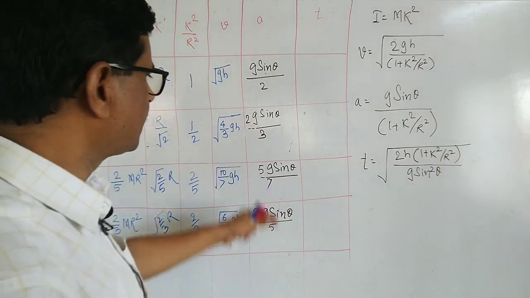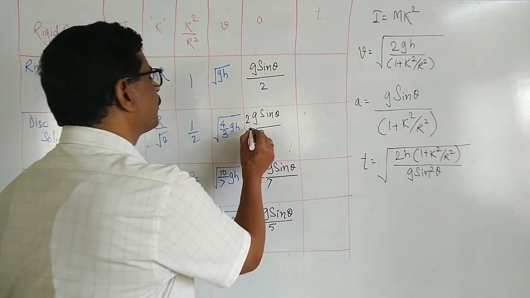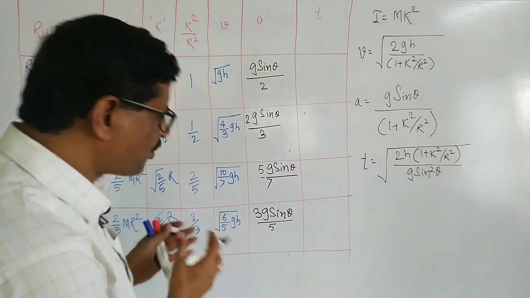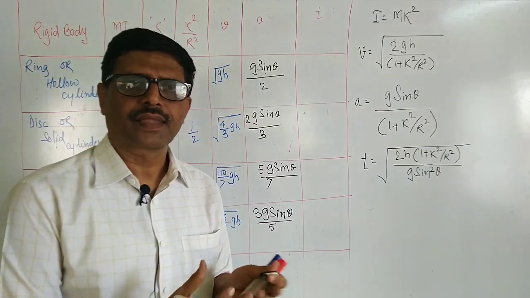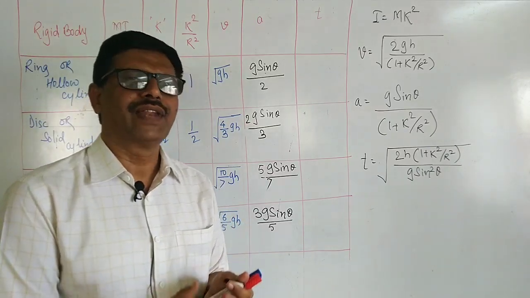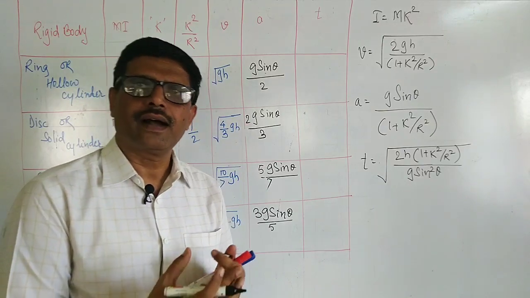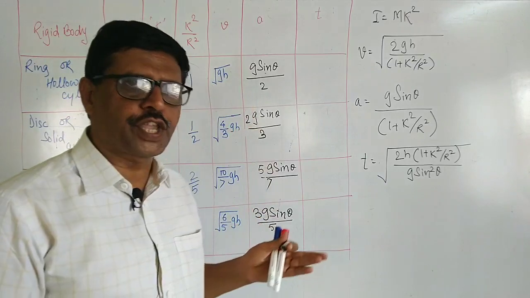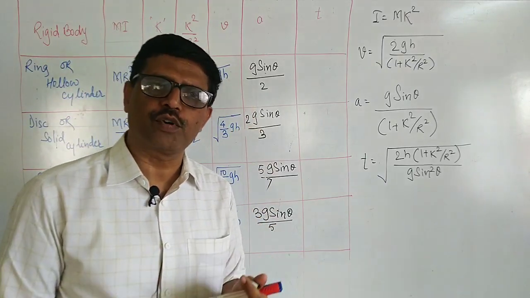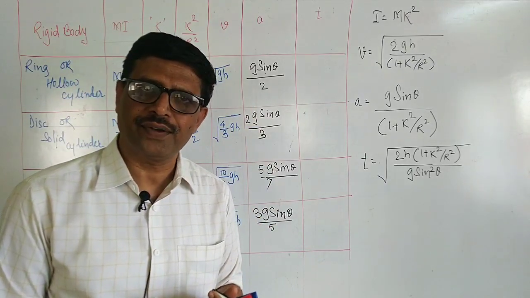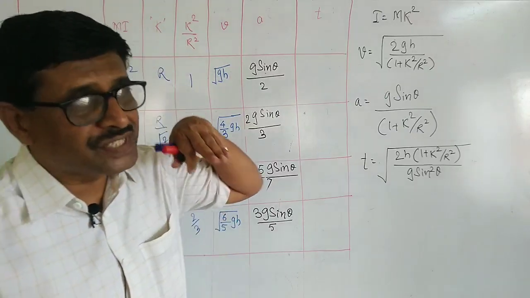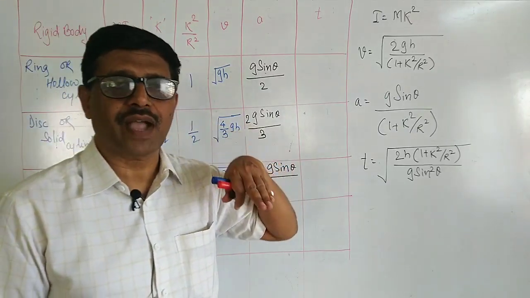These are the accelerations of different bodies on the inclined plane. What is important here is that different bodies will have different velocity and different acceleration, because they have different shape, different moment of inertia and different radius of gyration, though they are allowed to move on the same inclined plane from the same height.